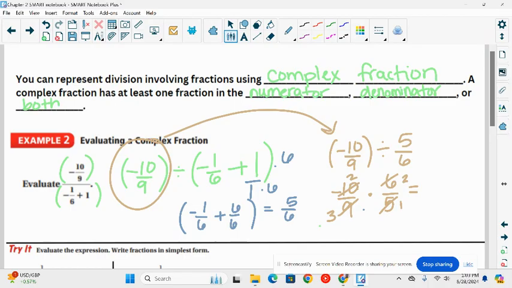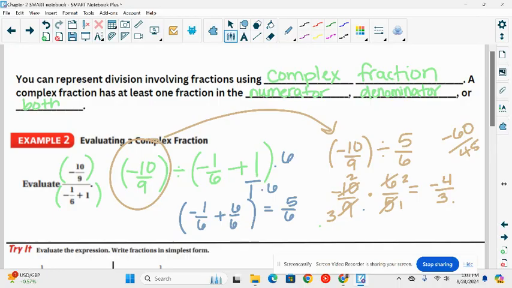So when I multiply, I get -4/3. If you didn't cross cancel, you would have gotten -60 over 45, which are way bigger numbers than -4/3.